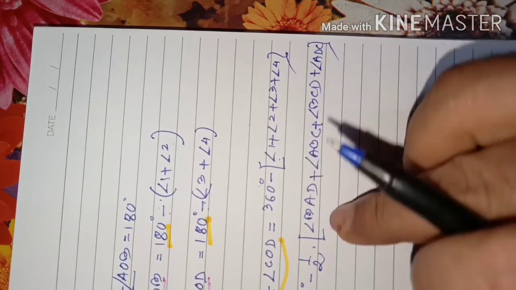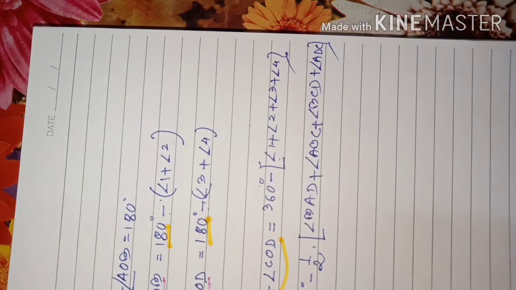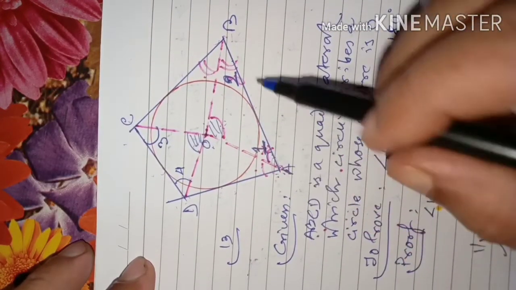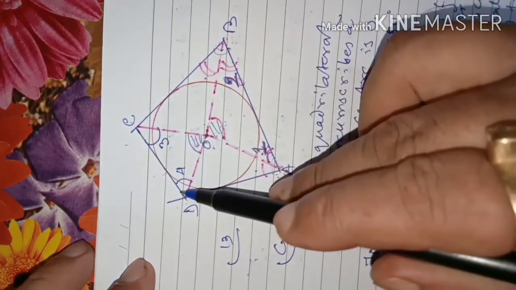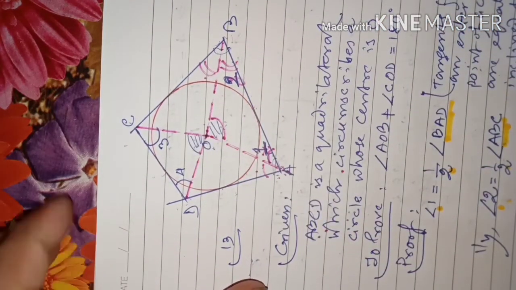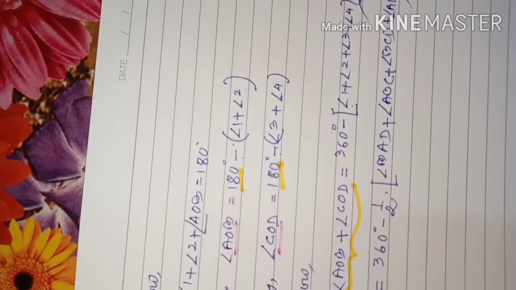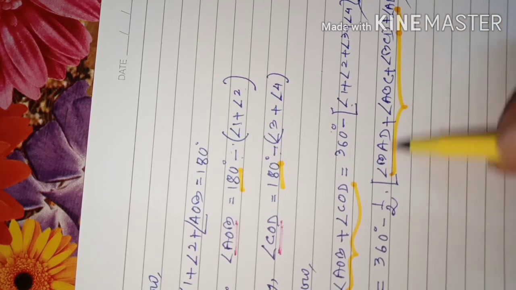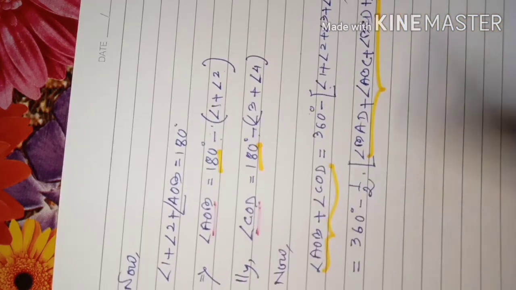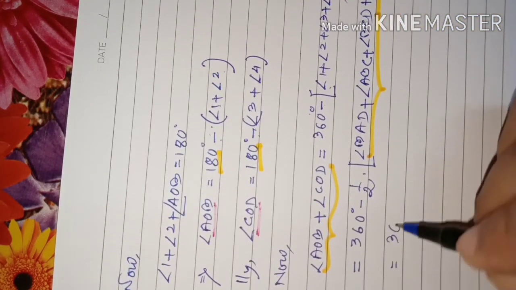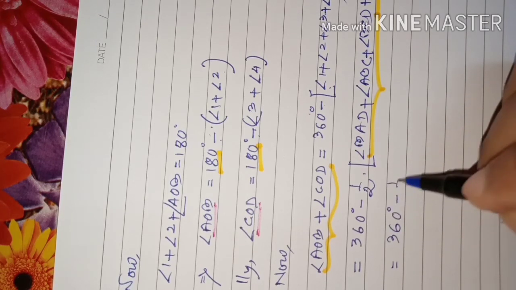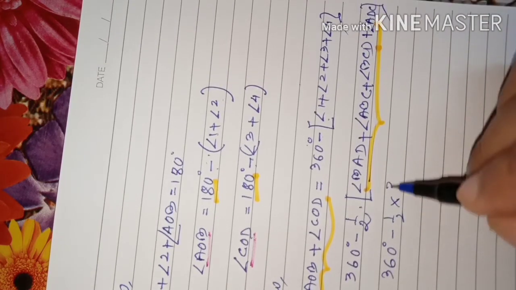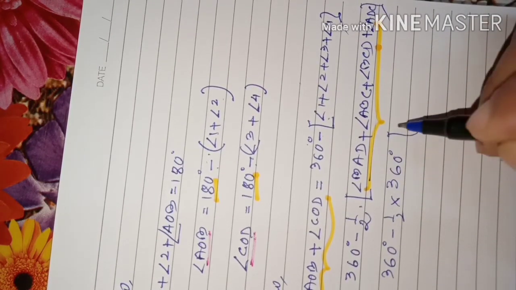Now you see these are the four angles of quadrilateral ABCD: angle A, angle B, angle C, angle D. Their sum is 360 degrees. So our outcome will be 360 minus half into the sum of these four angles of a quadrilateral, which is 360 degrees.